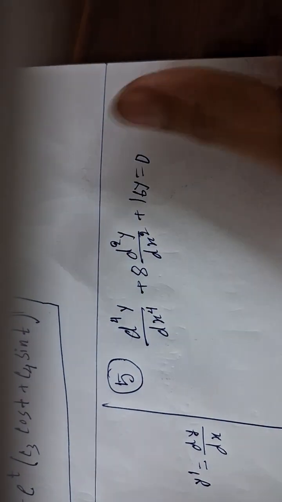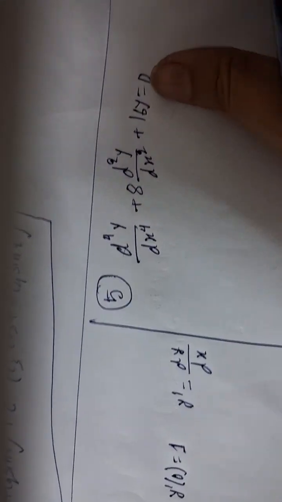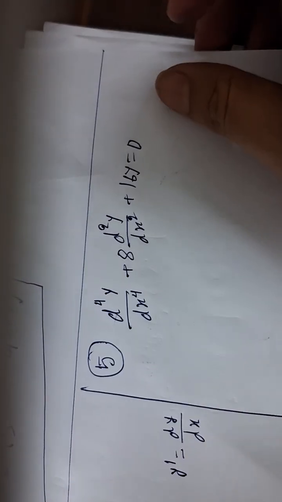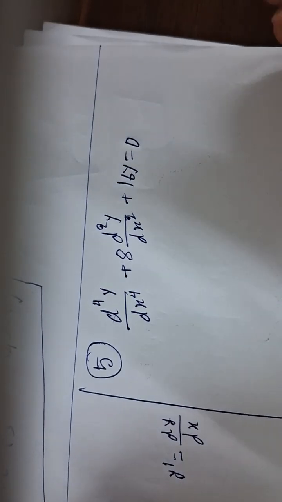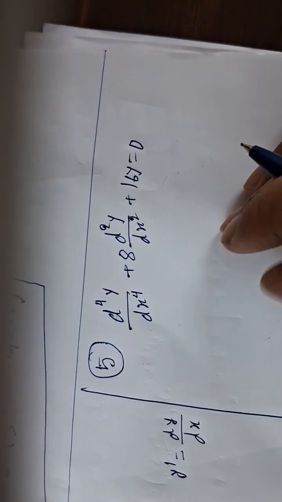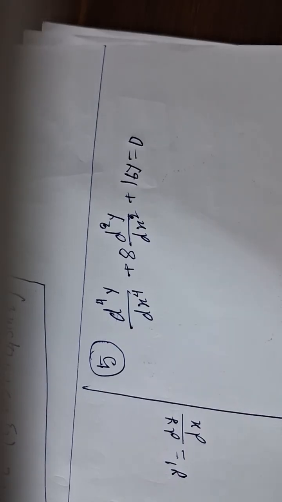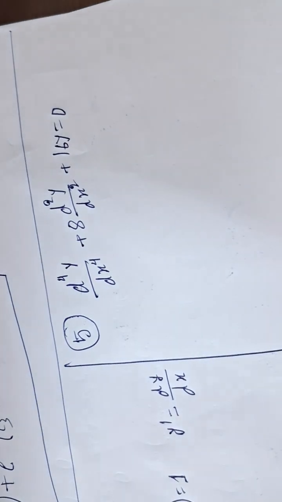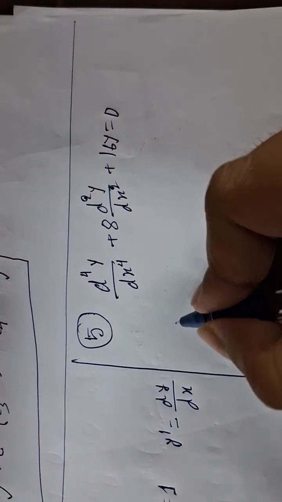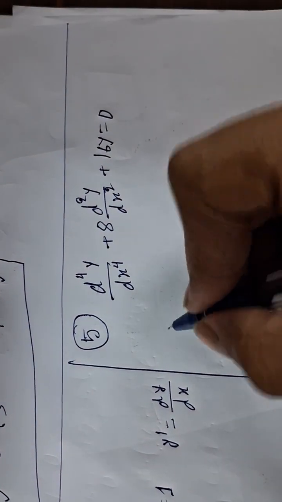Solve these questions and write in comment. I will answer as I get time. Now, which book to follow, as I told you. You can follow this book, let me show you. You can purchase this from Amazon, from Flipkart, online and offline both.